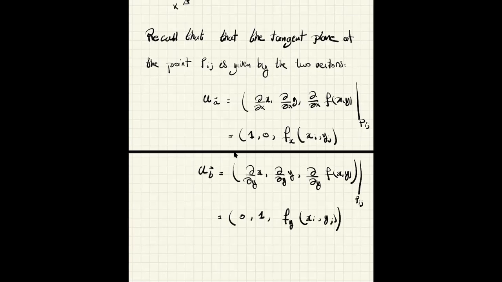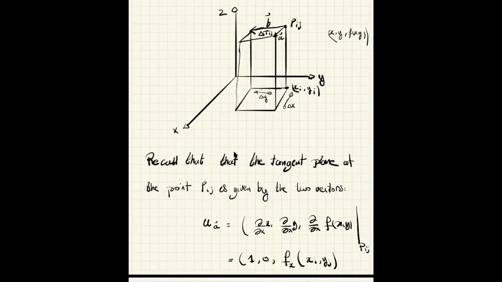So this will give you a vector here and another vector here. I'm gonna call it u, not necessarily b. It has the same direction as b, but it's gonna give you another vector ub, and then here another vector ua, right? But the point is, these two vectors will give you the tangent plane, right?